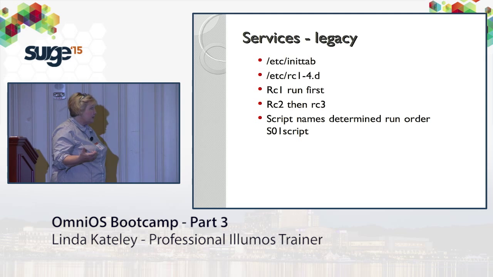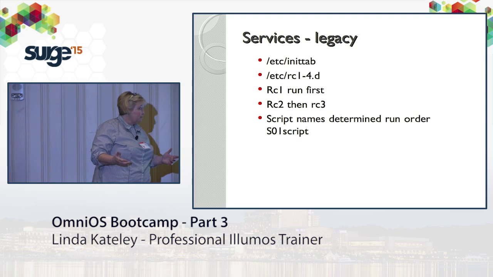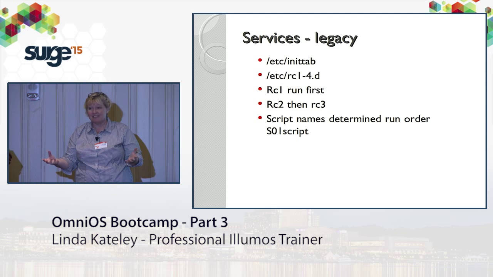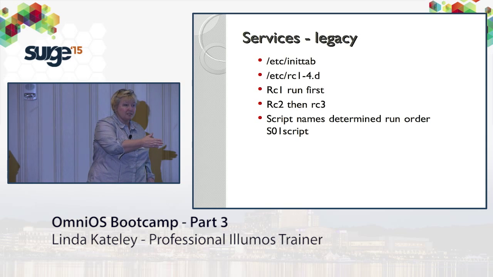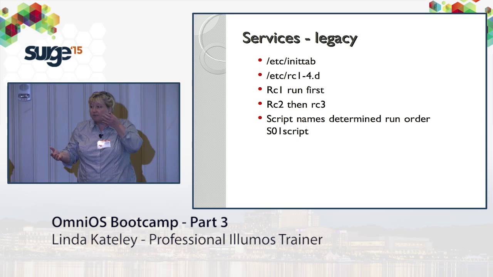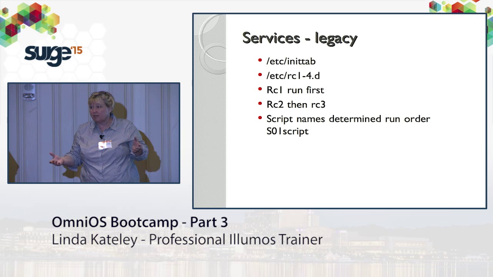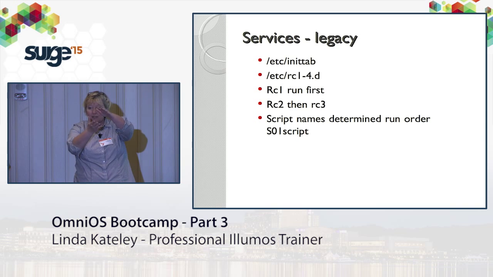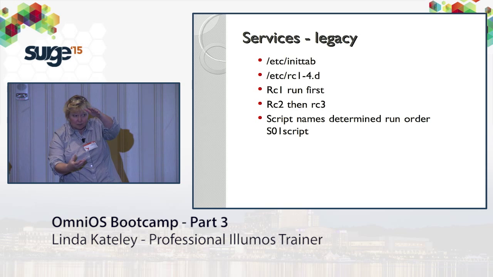So when they built the service management framework, some of the problems they were trying to solve were mostly this: running all of these scripts in serial. On Solaris 10, or Solaris 9, I can't even remember how many scripts there were, something like 50 of them. Each one would run, and once it completed, it would get to the next one.